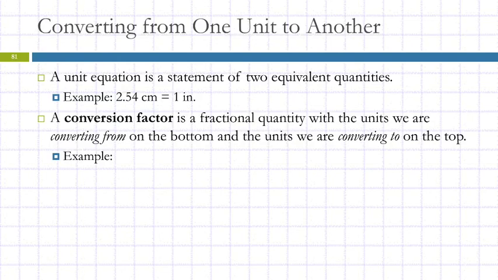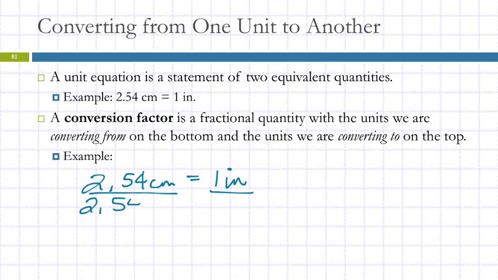So let's see how we would do that. 2.54 centimeters equals 1 inch. So those things are equal. In a mathematical equation, as long as I do the same thing to both sides, it's still equal. So I could divide both sides by 2.54 centimeters.